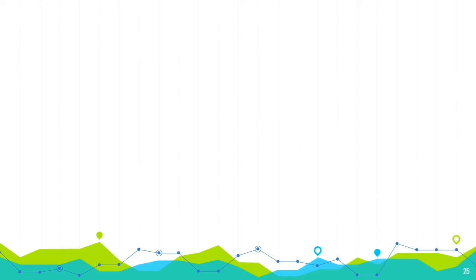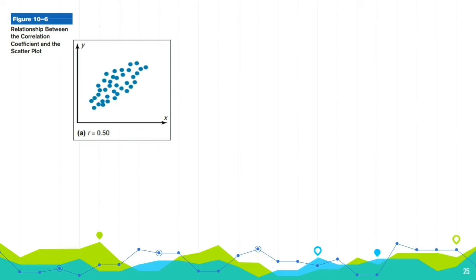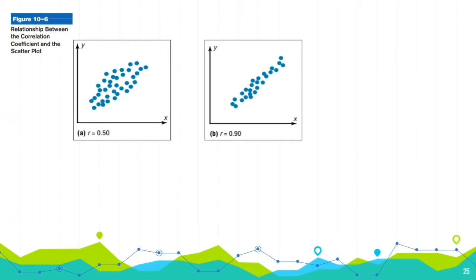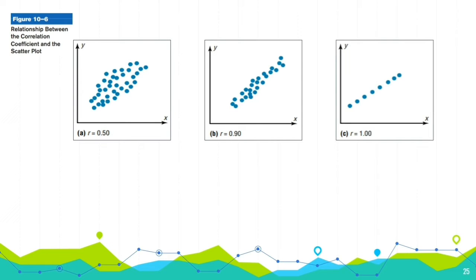Next, let's see the following figure 10-6, which shows the relationship between the correlation coefficients and their corresponding scatter plots. As the value of the correlation coefficient increases from 0 to positive 1, like in figure A, where r is equal to 0.50, figure B, where r is equal to 0.90, and in figure C, where r is equal to 1.00, it means that the data values become closer to an increasingly stronger relationship.